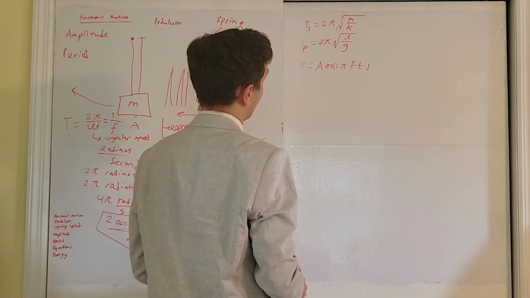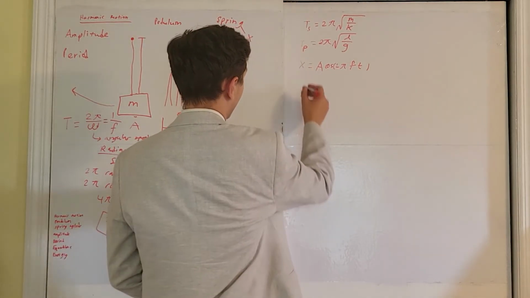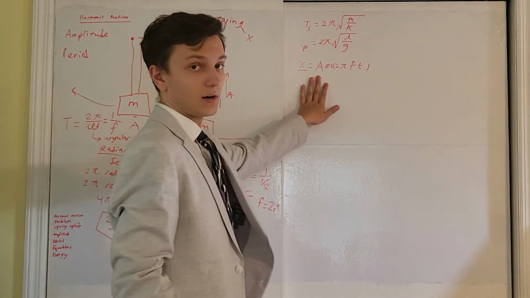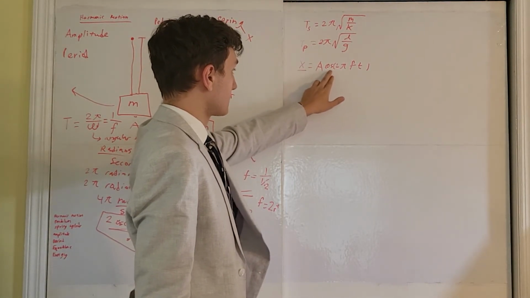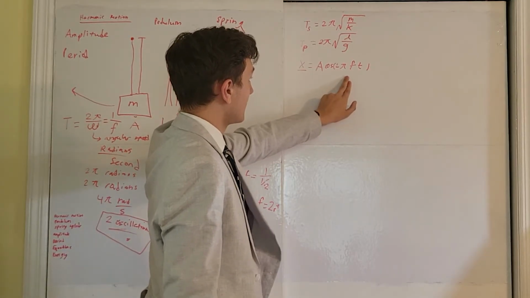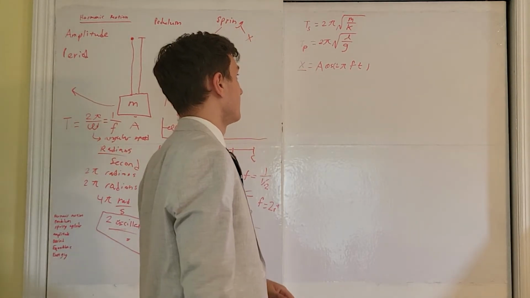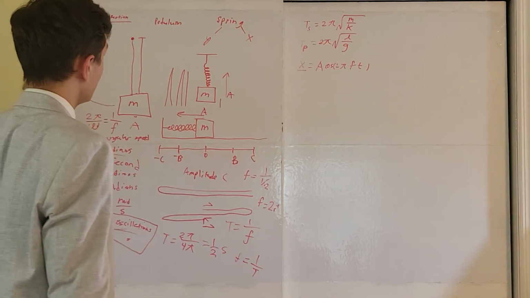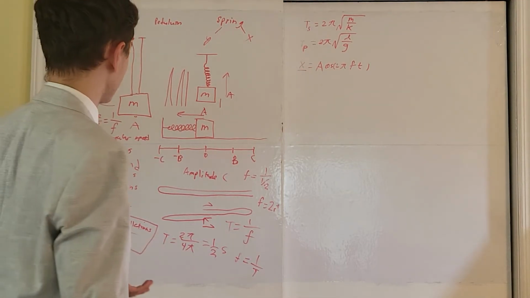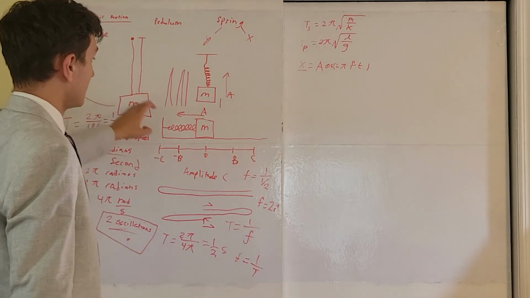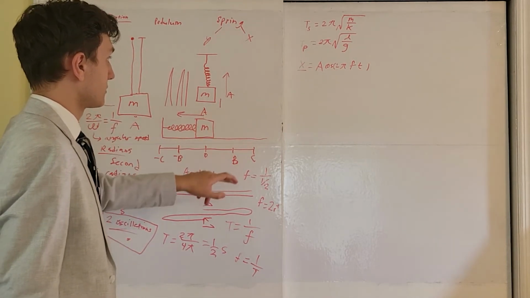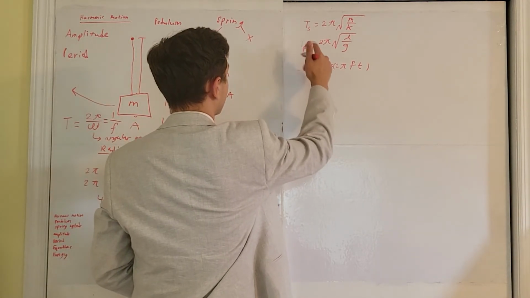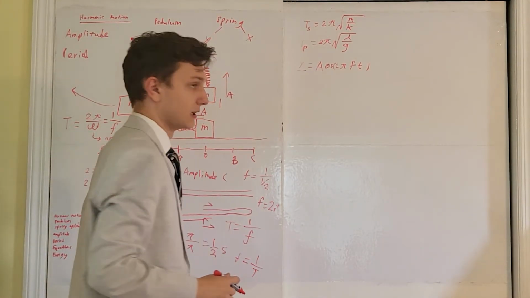It says that our position, x meaning position, is equal to big A, our amplitude, times the cosine of 2 pi times our frequency times time. And that applies to any harmonic motion. That applies to the pendulum, that applies to the horizontal spring, and in the case of the vertical spring, we would just replace x with y, meaning our position in the y direction.